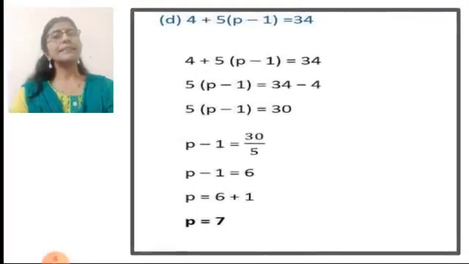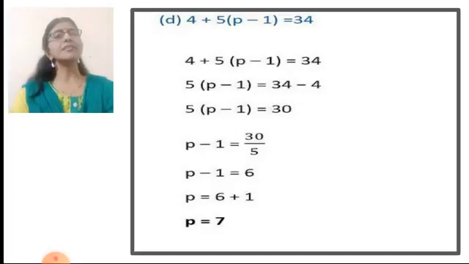Now the next example is 4 plus 5 into p minus 1 in brackets is equal to 34. Now here you can see a term is in the bracket, so we will write that first on the left hand side. The term with the variable is in the bracket, so we'll write that first, and 4 is positive on the left hand side. We'll take it to the right hand side.